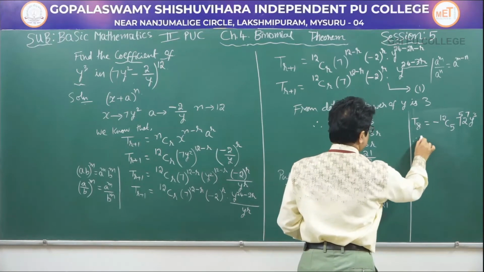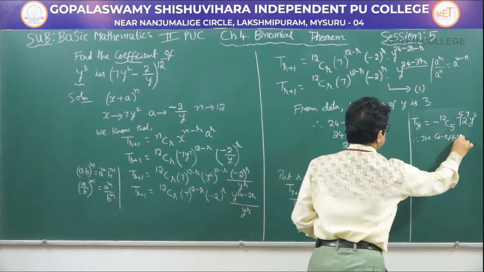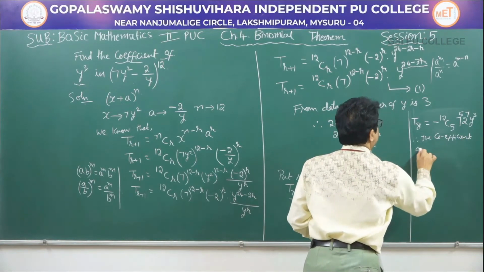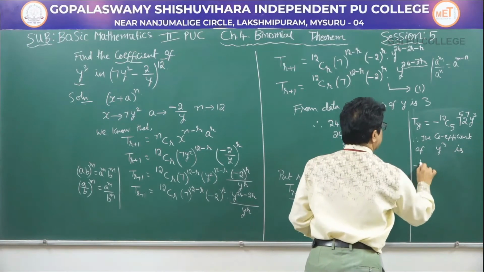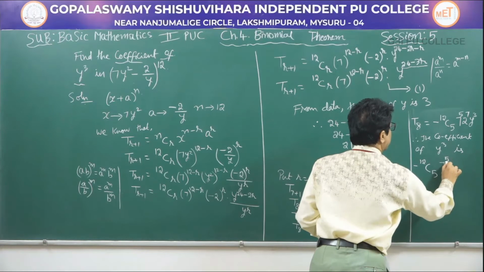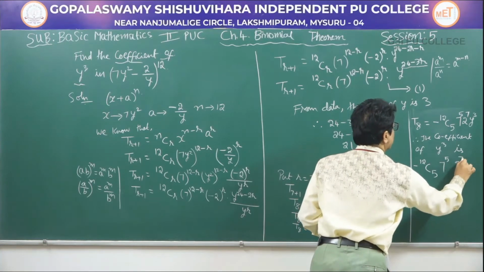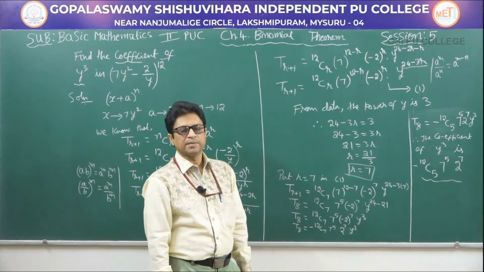Therefore, the coefficient of y cube is minus 12C5 into 7 power 5 into 2 power 7. That completes this problem.